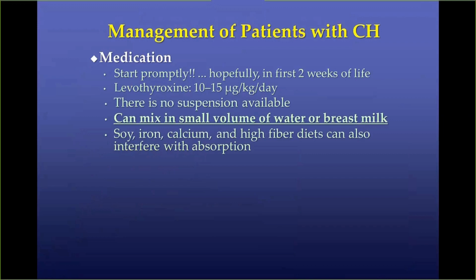So this slide is important, showing that at least by the age of 2 to 3 weeks, we will have to start the thyroid medication to avoid irreversible issues that could be associated with congenital hypothyroidism. And a lot of times, if you have any question, you can always contact us or send us the patient.